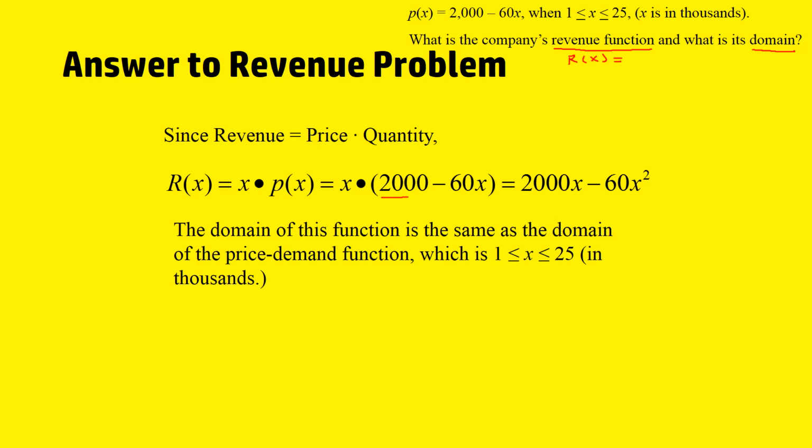Okay, well, R equals px, or xp, and there's a price function that was given in the problem. We can simplify it or distribute the x and get this expression here of the revenue function. And so that's part of what they wanted, right? So we'll just box that. That's an answer. That's the revenue function.